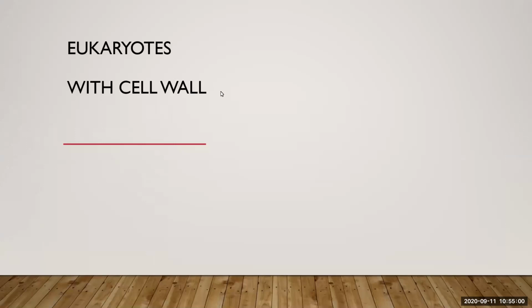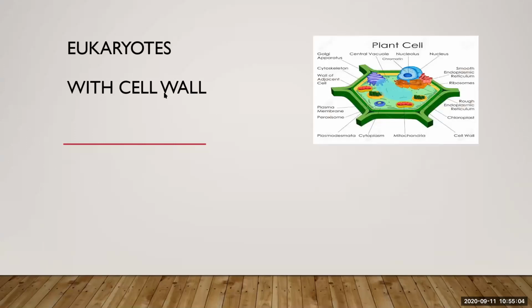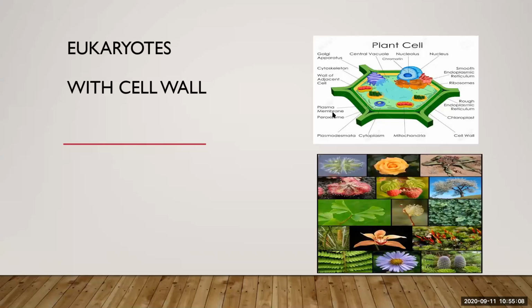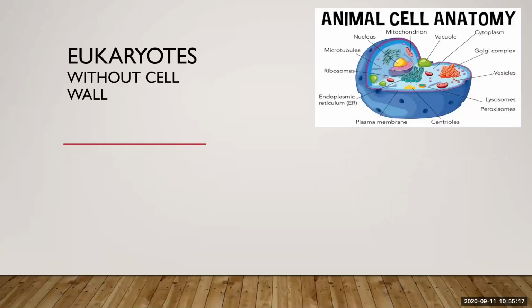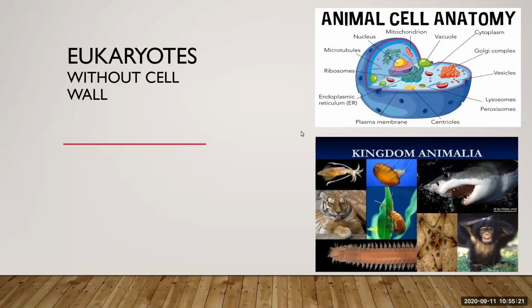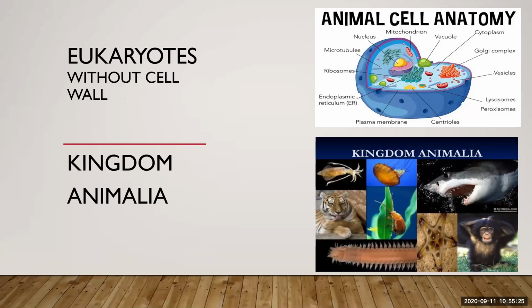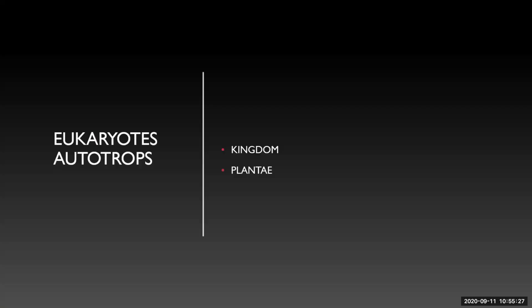Then eukaryotes with a cell wall, meaning plant cells, are classified under the kingdom Plantae. When there is no cell wall, that cell is an animal cell, and they are classified under the kingdom Animalia. Just keep in mind we have to complete the chart. Eukaryotic autotrophs. Autotrophs means what?